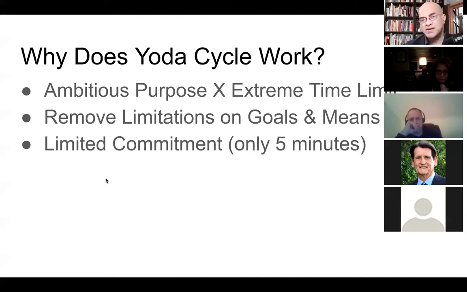So it is a way of providing a direction for your system one, using the terminology of Daniel Kahneman, your automatic mechanism, to produce whatever the best you can. So it stops you from being held back by various things and just gets you going towards the things that you value.